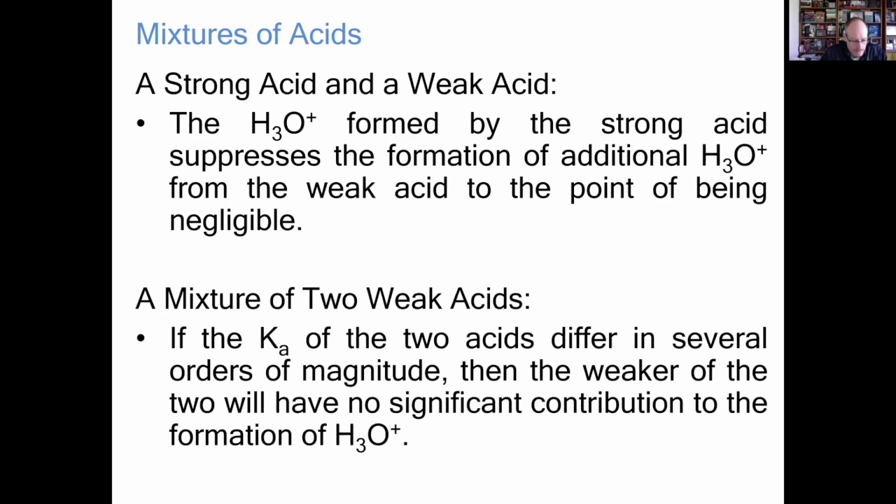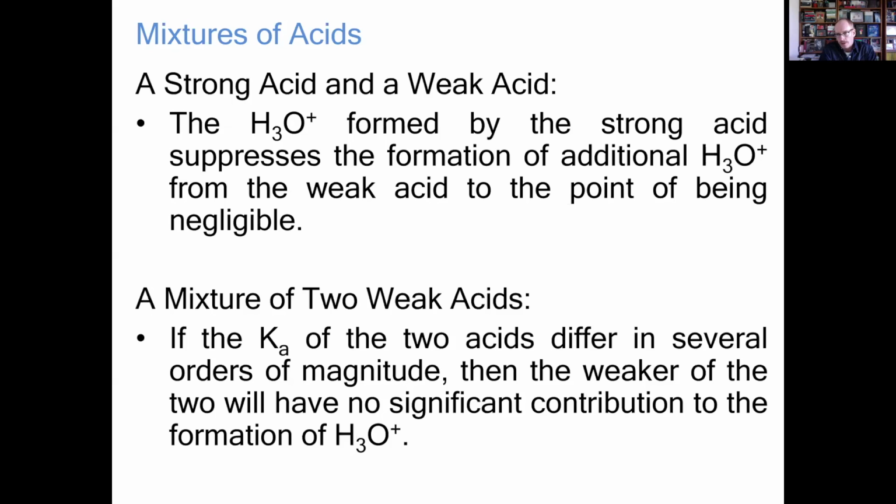Mixtures of acids, it pertains to the last example in this section. So let's consider two cases. What happens when we have a strong acid and a weak acid in one solution? If the initial concentrations of these two are comparable, clearly the strong acid is going to generate more hydronium than the weak acid, which is only going to partially ionize.